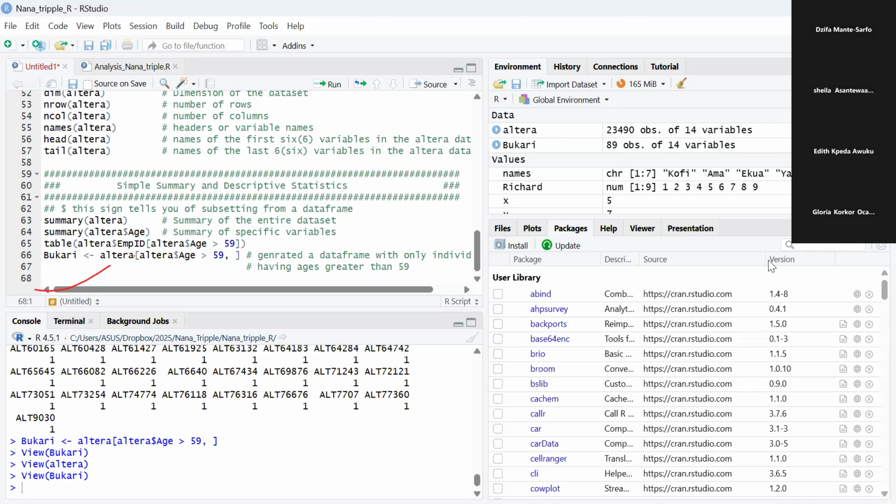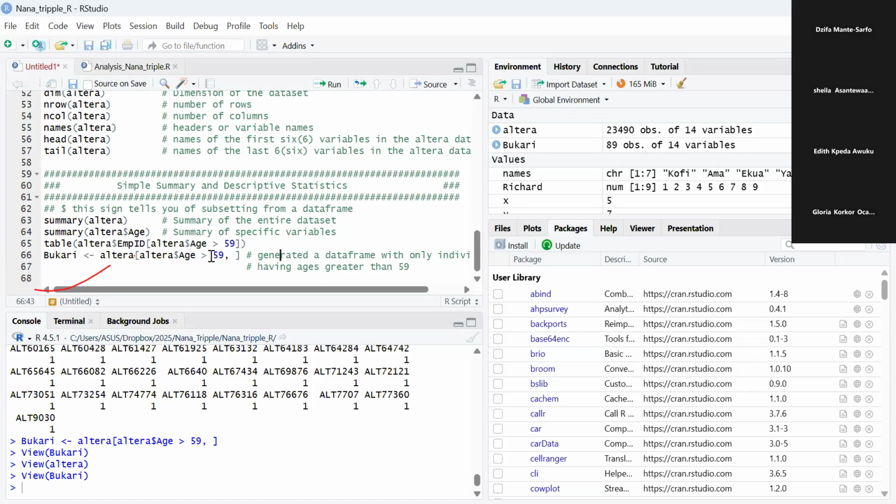Yes, somebody was asking a question. Yes, please, Prof. I asked about the comma. Oh, I explained. You didn't get my explanation. I said that we put the comma here because I am saying keep all the rows, keep all the columns, but give me a row which has age greater than what? 59.